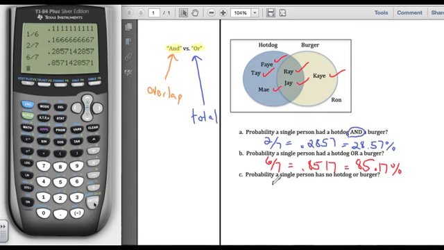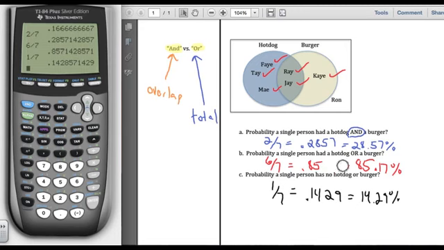Well, that would be Ron. He's the one person who didn't have a hot dog, didn't have a burger. 1 divided by 7 gives us 0.1429, which is 14.29%.